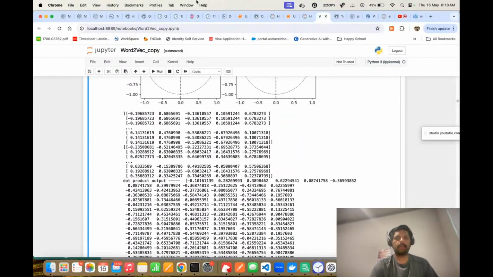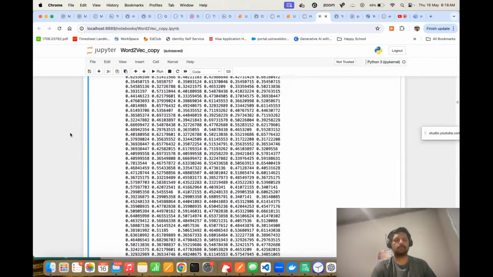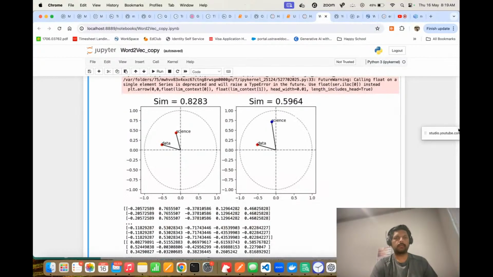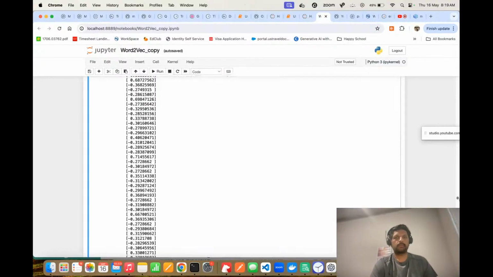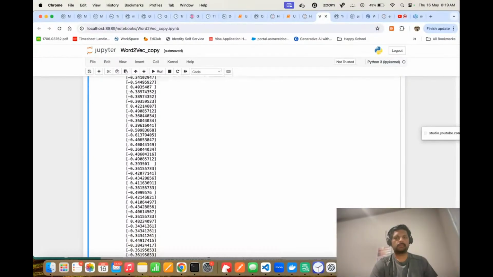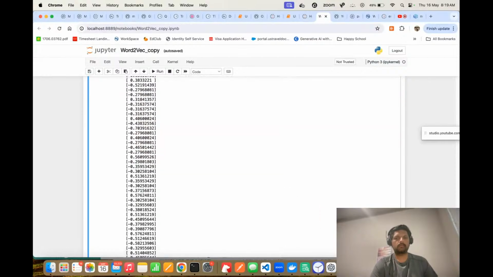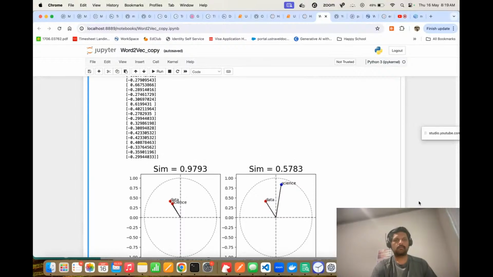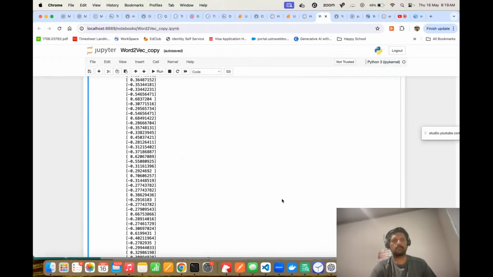So if I scroll all the way down, let's use the bar and do it. 25 times, so the errors got minimized, but they're not that low.